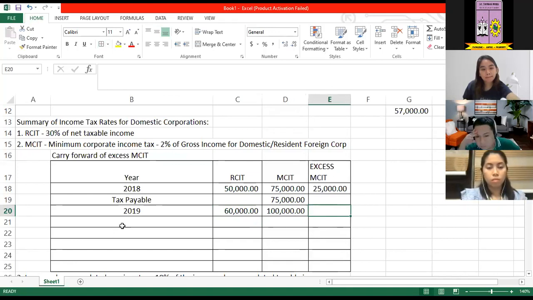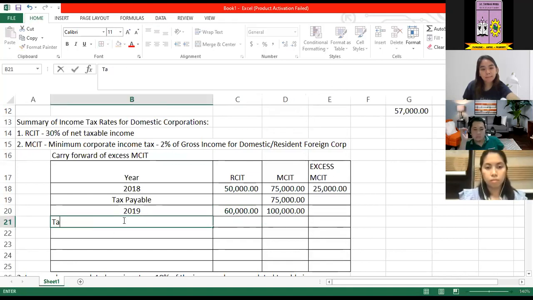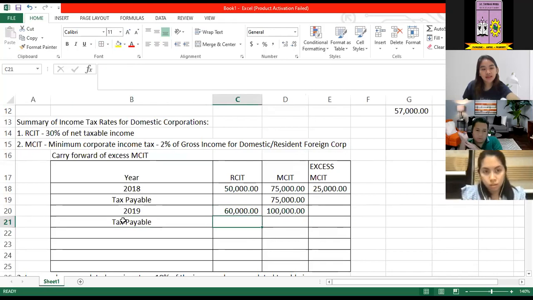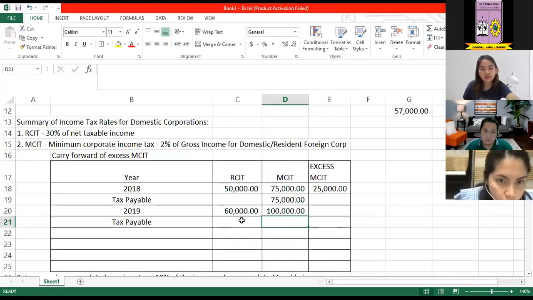So, ano yung tax payable? Income tax payable? Ano, magkano, Miss De Villeres? Yung tax payable dito? 40,000, attorney. Ano kang 40,000? Ano nga yung principal?